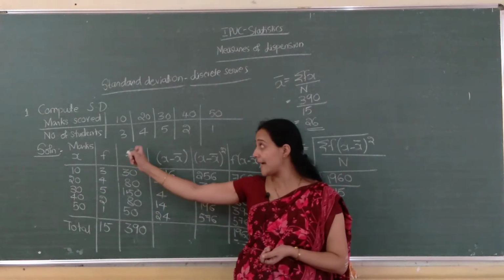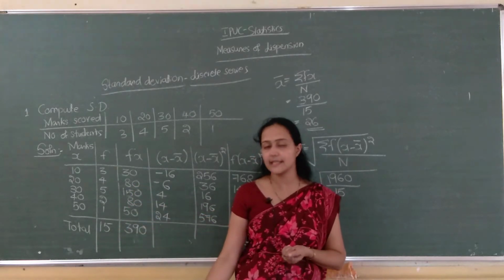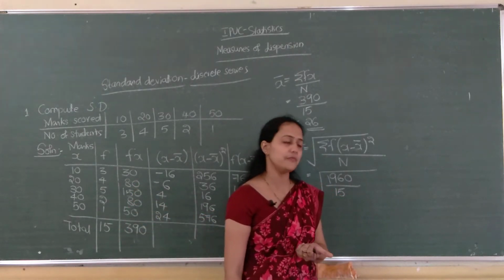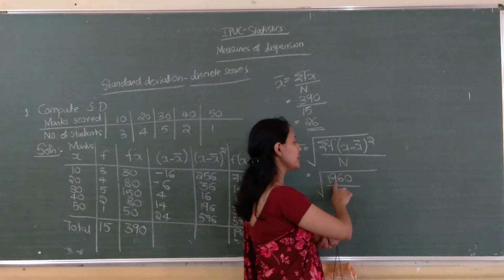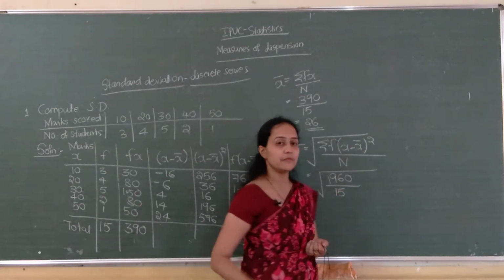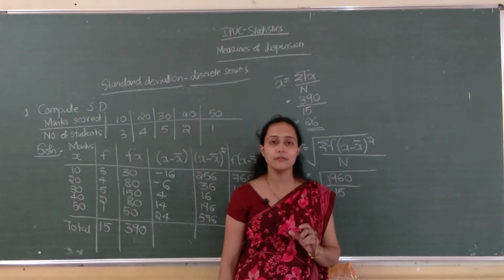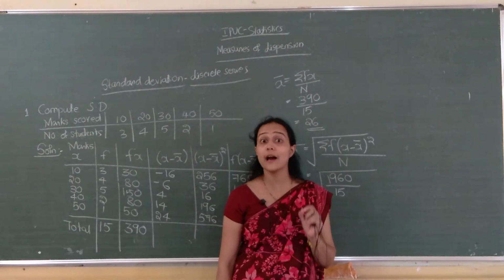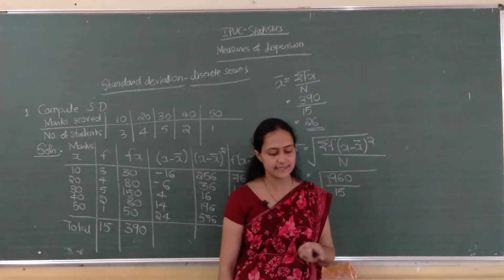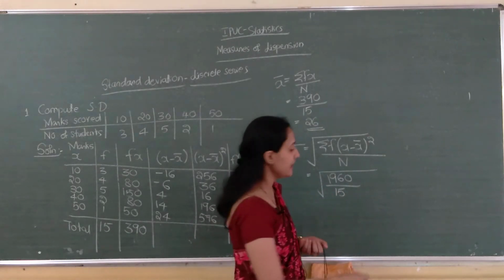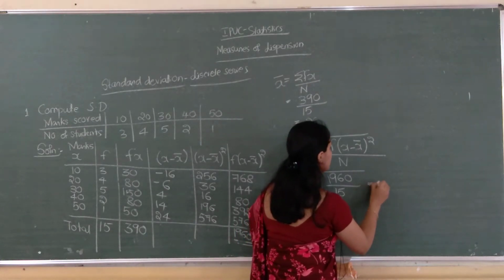First compute 1960 divided by 15, you will get one quantity, then take its square root. Square root of this is 11.43.